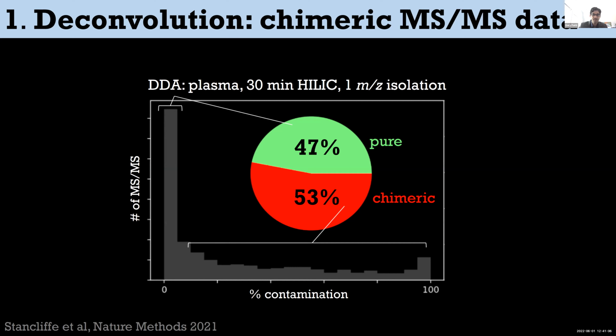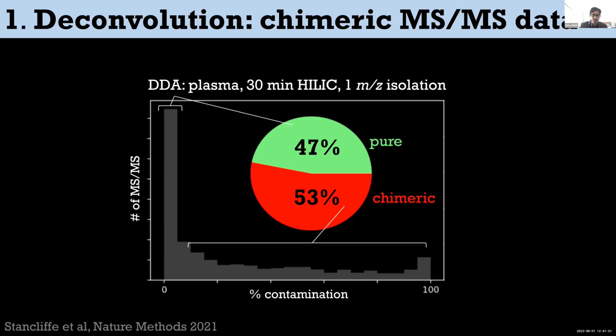Again, the y-axis here is the number of MSMS, and the x-axis is the percentage of contamination. You can see that about half of our data are pure, meaning that we're just looking at the precursor, but about half are chimeric. You'll notice that the distribution of contamination is less extreme than in the DIA data that I showed you, where a lot of the percentage contamination was up towards 100%.